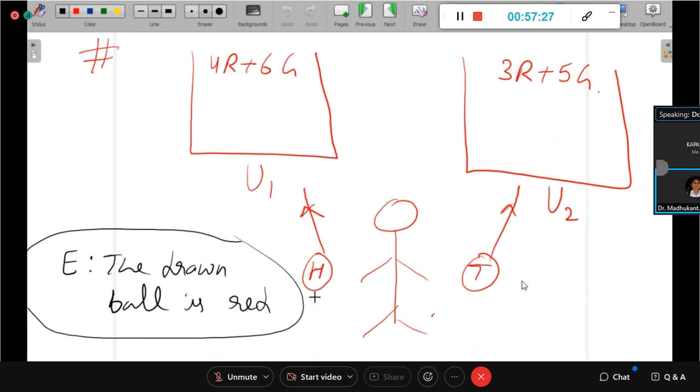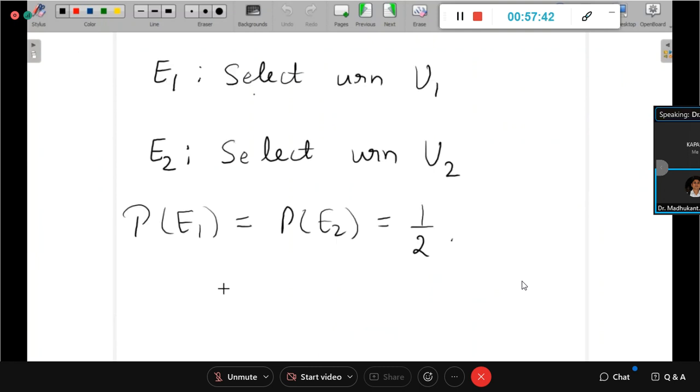You can make this case more interesting by rolling a dice. You get the number 1, 3, and you get 2, 4, 5, 6. Then you are selecting urn 2, and so on. You can make this case more interesting. Now, in that case, I want the probability that the drawn ball is red.